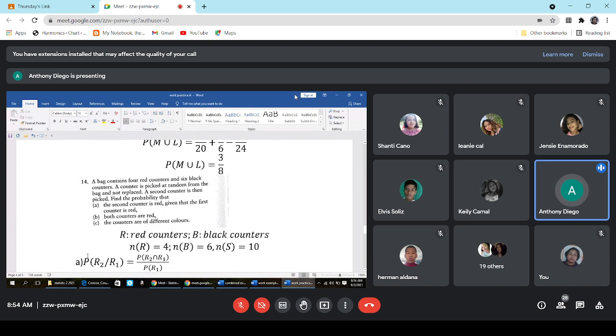So now this is telling us that your second counter will be red given that the first you have selected is red. So that will be the probability that the second counter is red and the first one is red, over the probability that the first is red.